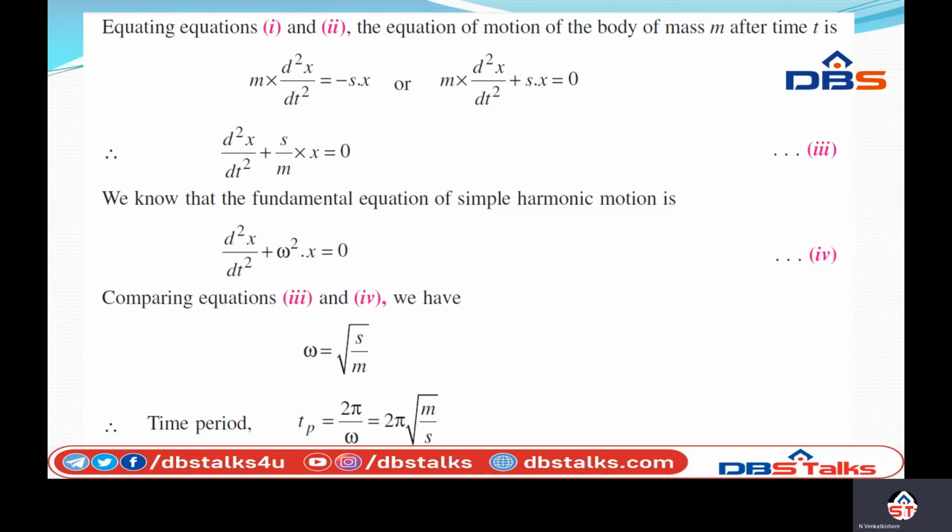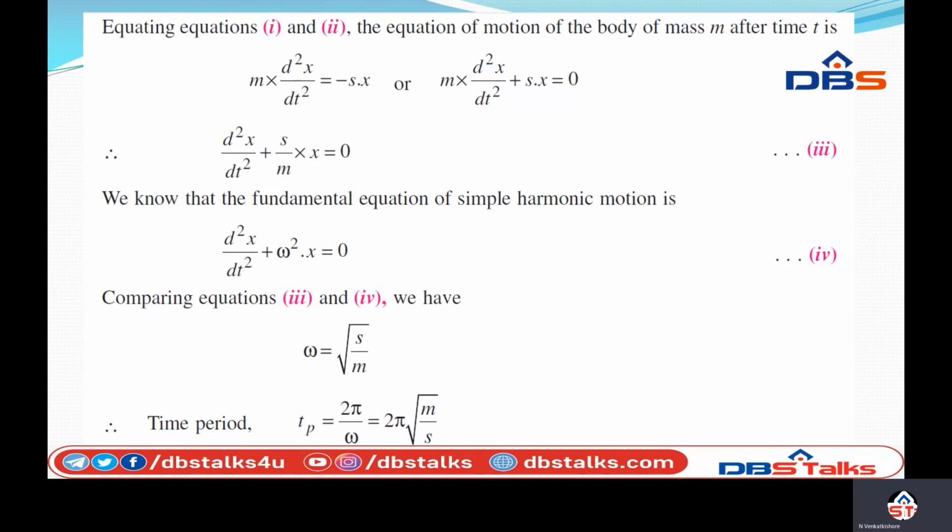So this is a very important formula: omega as root of s by m, and time period Tp equals 2 pi into root of m by s, which is the reciprocal.